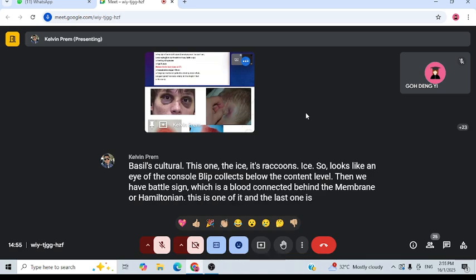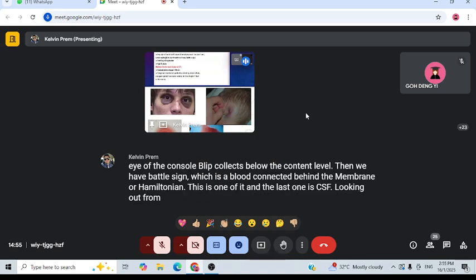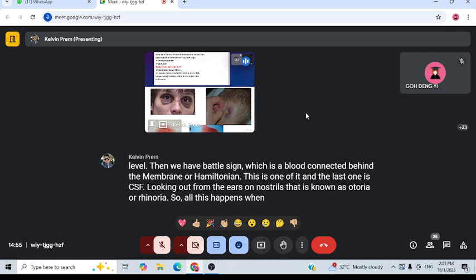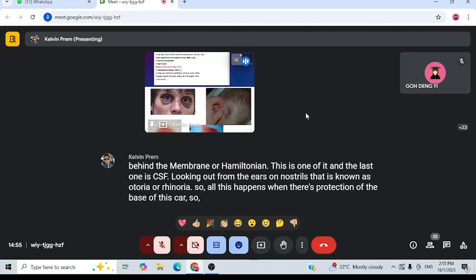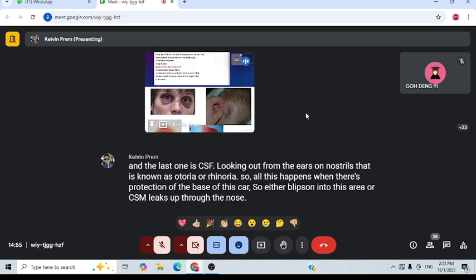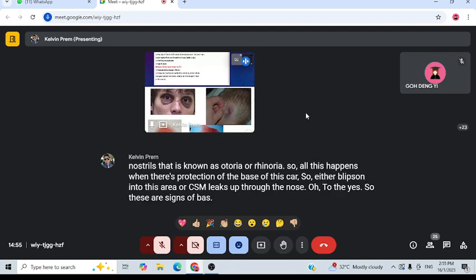And the last one is CSF leaking out from the ears or nostrils, known as otorrhea or rhinorrhea. All this happens when there is fracture of the base of the skull. Either blood seeps into these areas or CSF leaks out through the nose or the ears. So these are signs of base of skull fracture.